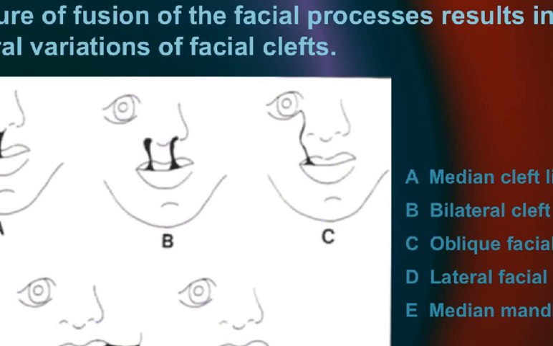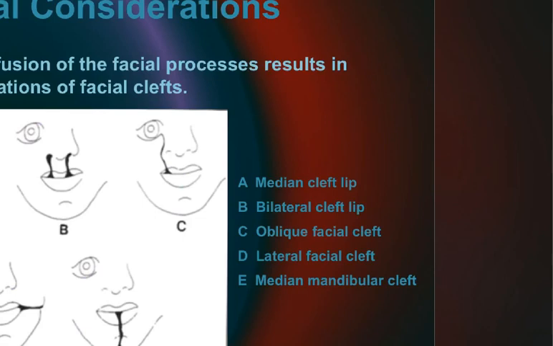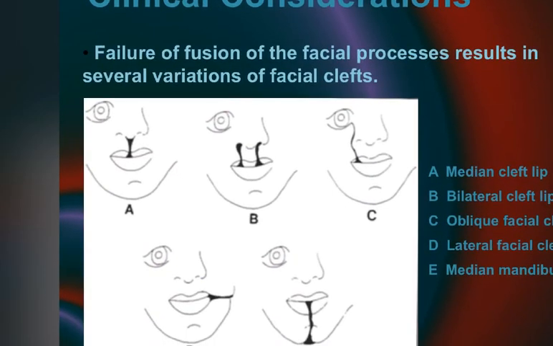Here we have failure of fusion between medial nasal process and maxillary process, and on the other side between maxillary process and medial nasal process. This is called bilateral cleft lip.